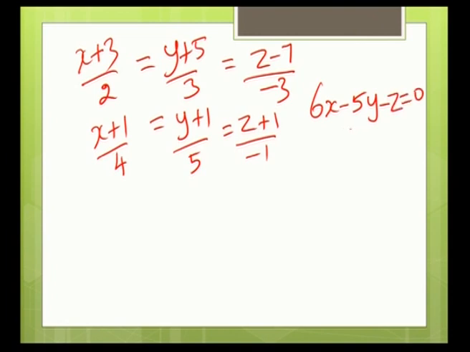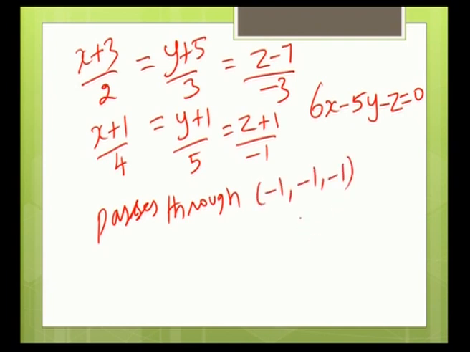As easily seen from the equation of the plane, this plane passes through the point minus 1, minus 1, minus 1. How it is obtained is, substitute this minus 1 here.